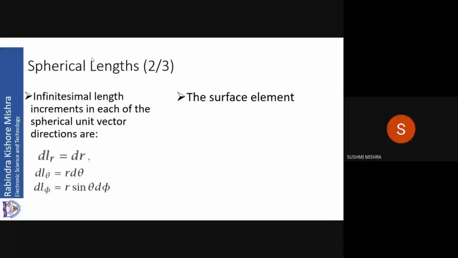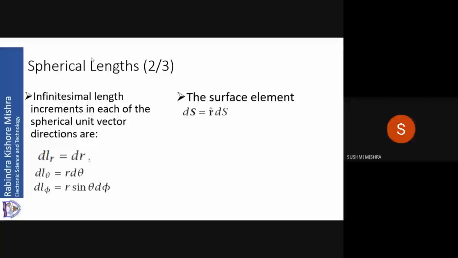Then the surface element will be ds, that is equal to r cap ds. Why is the vector ds equal to r cap ds? You know, all areas are vector quantities. So on the left hand side you can see s is bold, indicating that I am considering an elementary area vector. So ds is an elementary area vector.